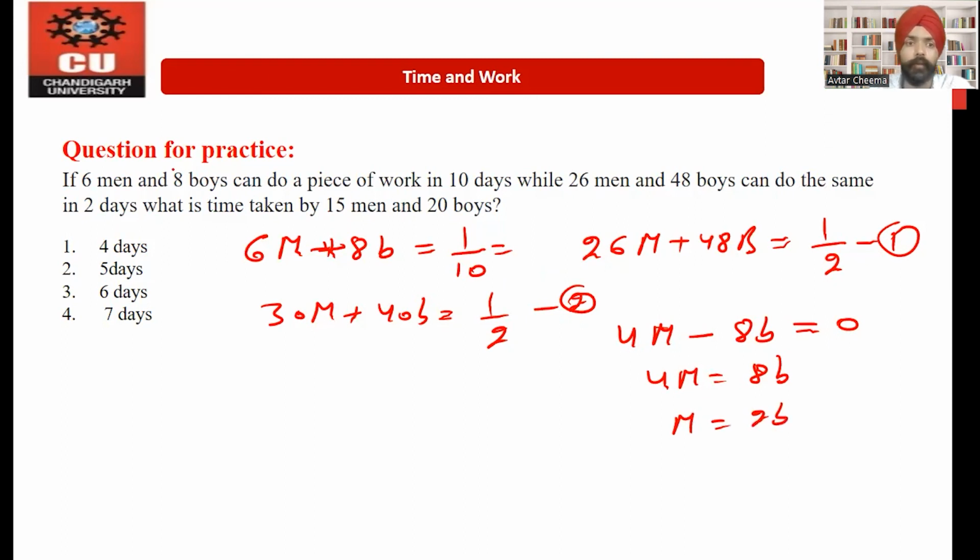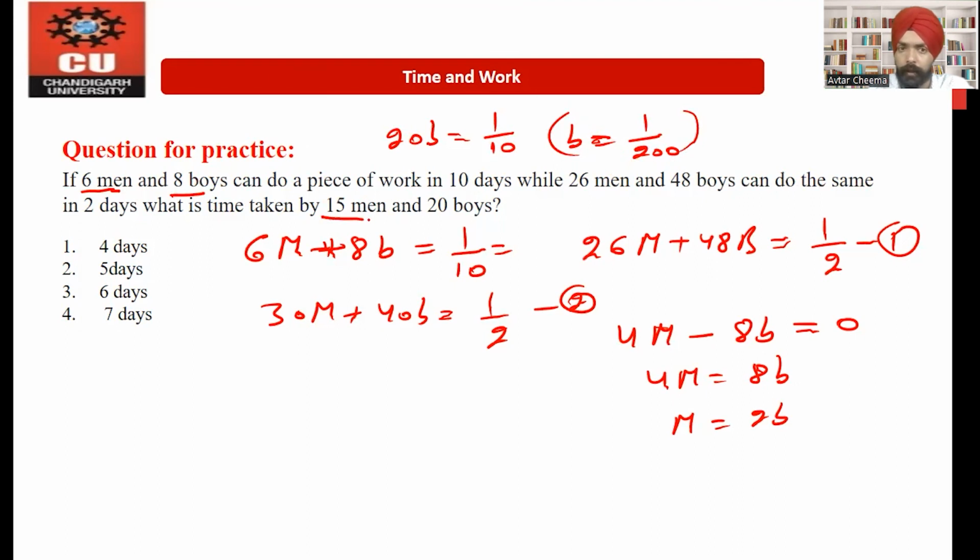So in the first equation, if I convert this, 6 man is equal to 12 boy. So 12 plus 8, total 20 boys can complete 1/10 of the work daily. 1 boy can complete 1/200 work, because 20 multiplied by 10. That is the efficiency of 1 boy.